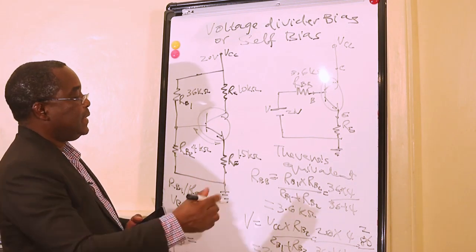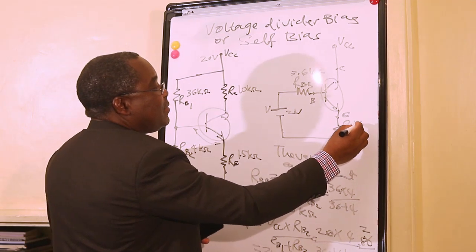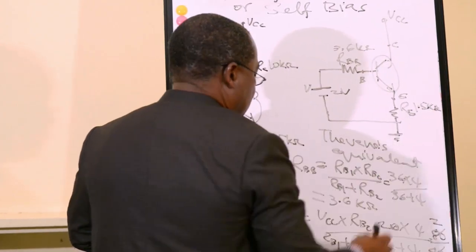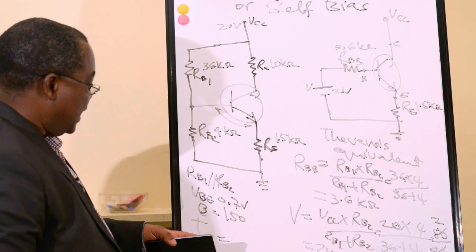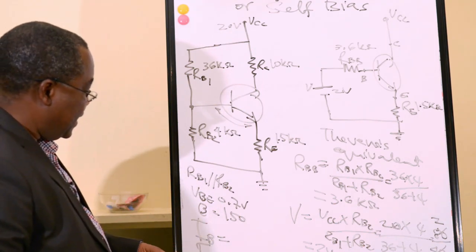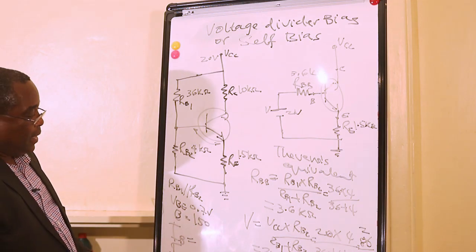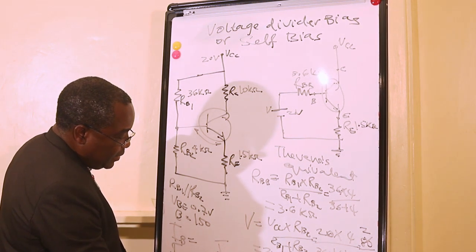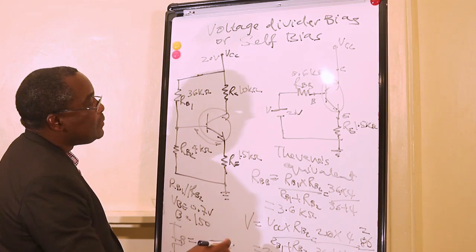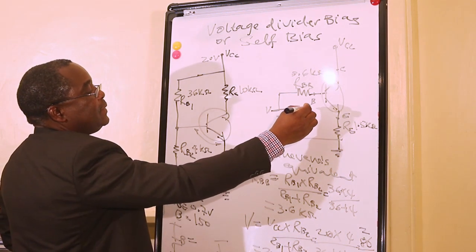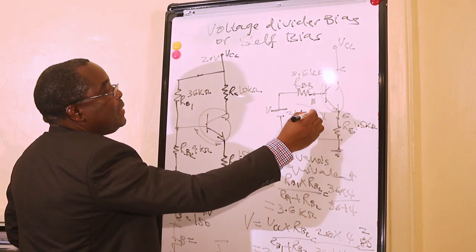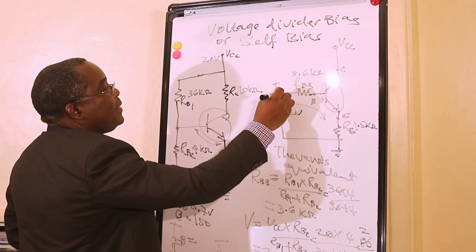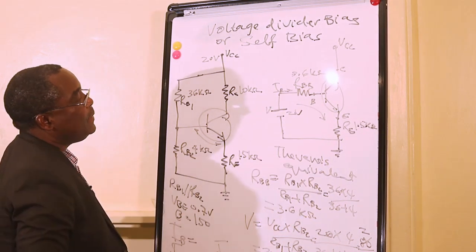And our RE also here is 1.5 kilo ohms. So we have to find IB, IC, and VCE. We will get IB through the formula. IB will pass this way.